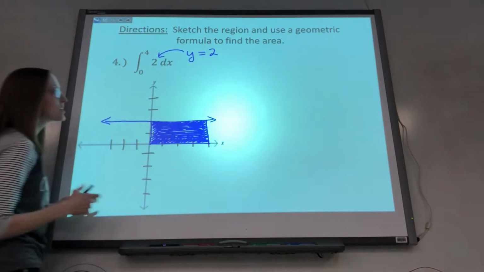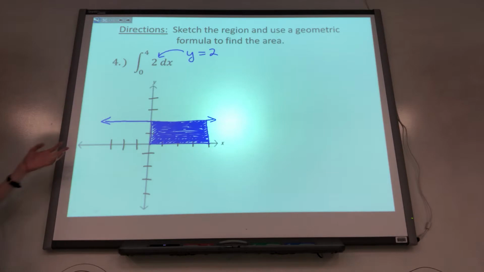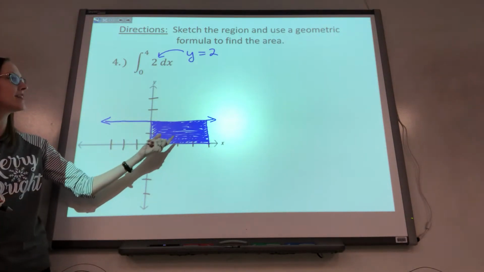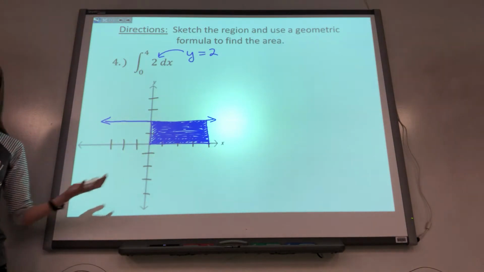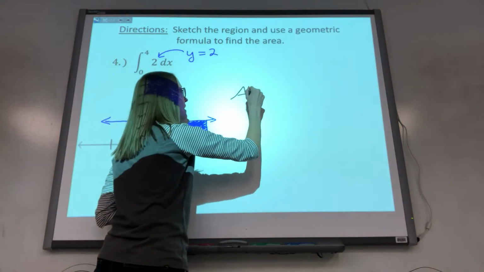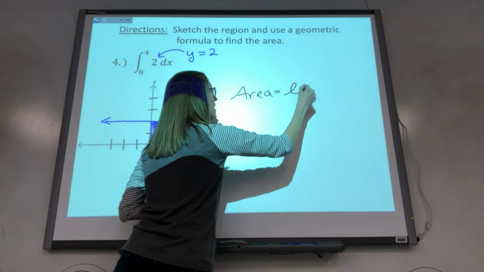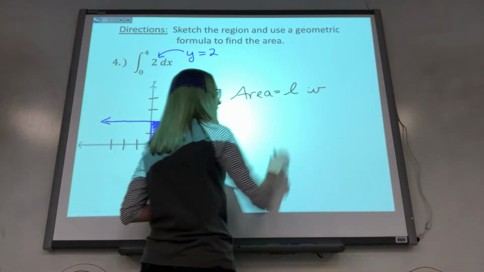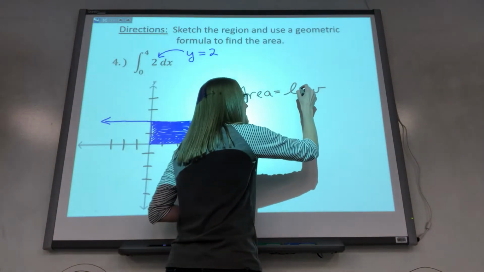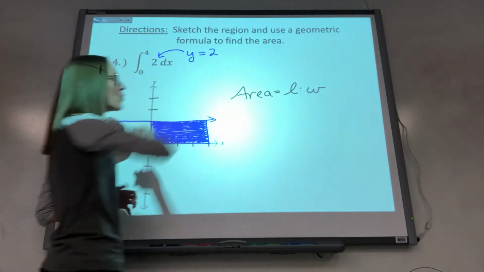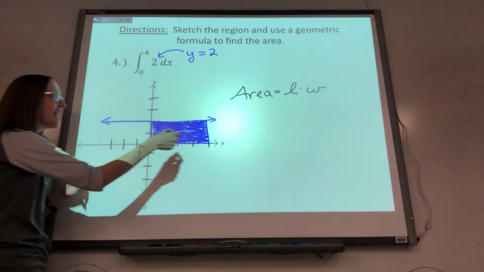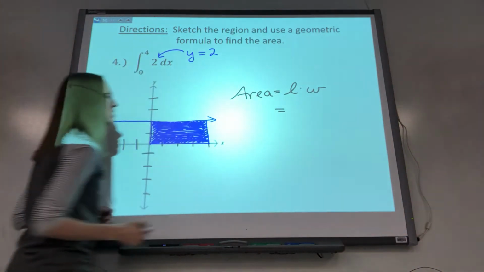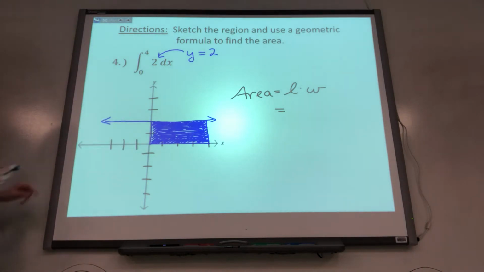So going back to geometry for just a second, how do we find the area of a rectangle? We did this Friday. Length times width. So area equals length times width. Looking at this rectangle, you really don't care which one's length and which one's width.